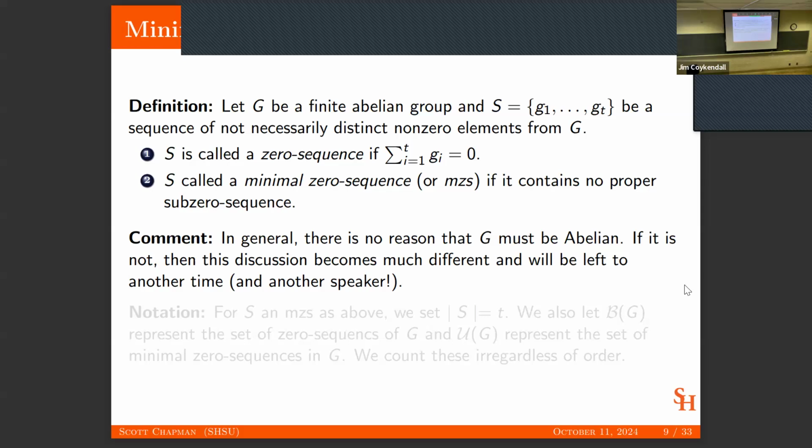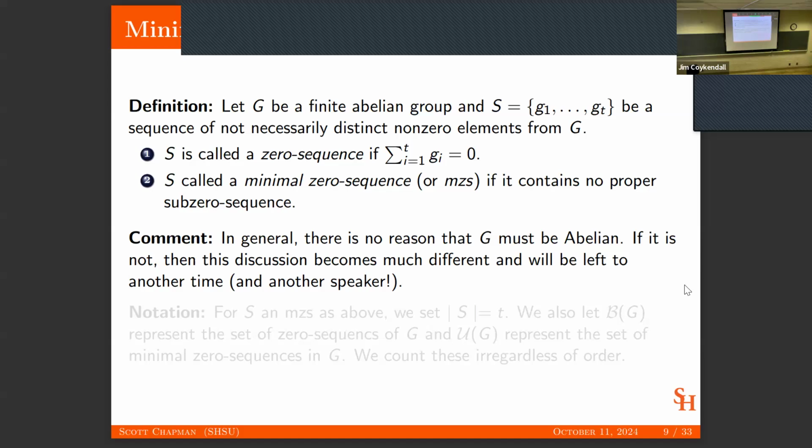Alfred likes non-abelian stuff, so he can invite somebody else in to talk about the non-abelian case, but that's going to be left to somebody else. But I refereed a paper once on computing the Davenport constant for maybe the symmetric group on 5 generators, and it was 40 pages long, and it was a mess.